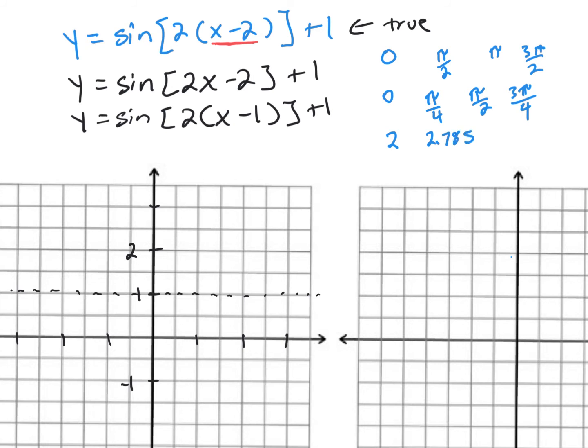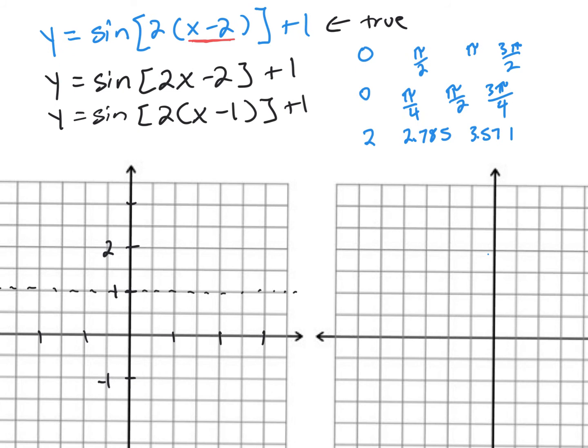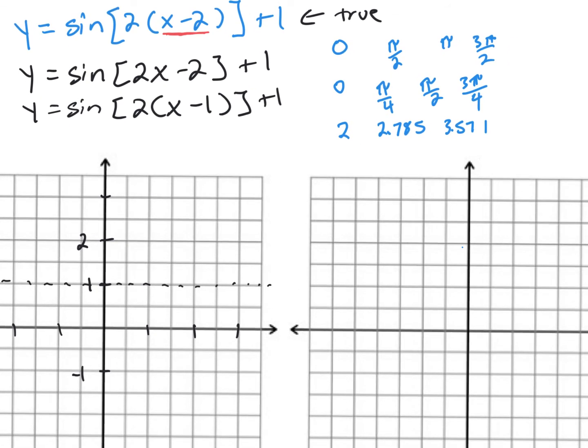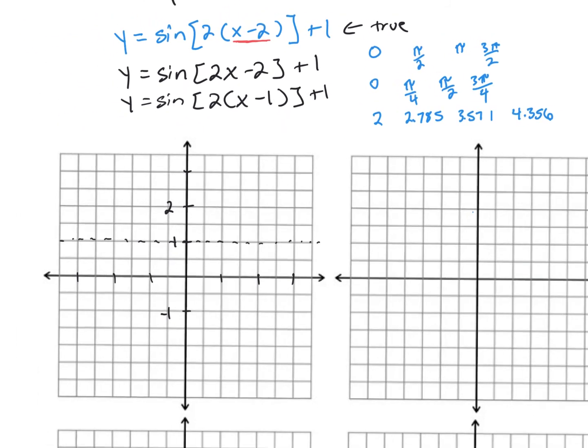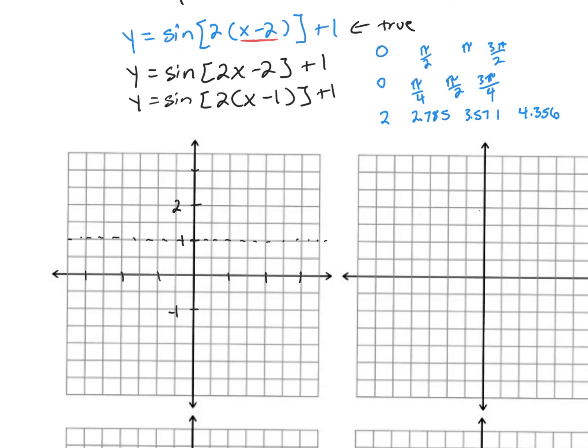Pi over 2 added to 2 is 3.571, and then 3 pi over 4, add 2, because this is pure numbers now, because we're just adding a number and not a pi. Had it been a pi, we could have put in our units as pi, but that's not what happened here. It is 4.65.